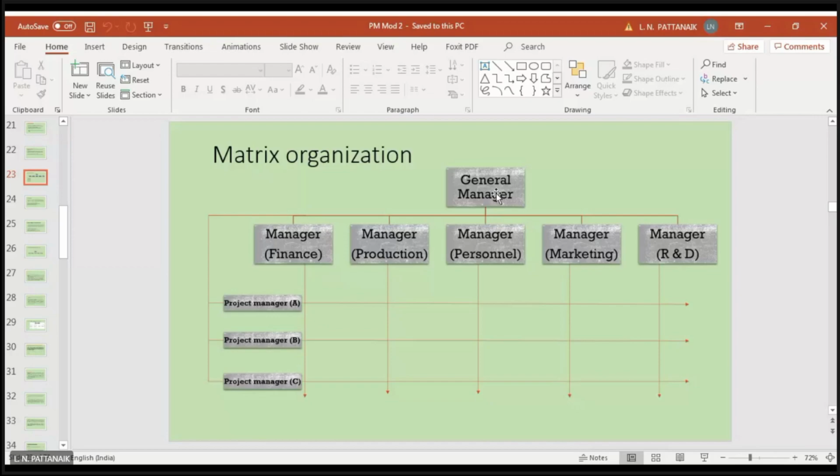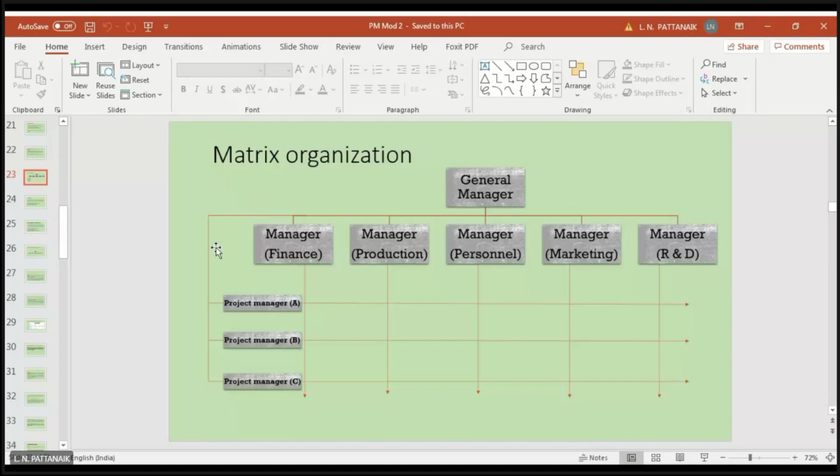At the same time, look at the figure. Suppose there are 7 or 8 projects going on. For example, a company like Mecon or L&T may have 10 or more projects at the same time. These project managers also have a line connecting directly to the GM.